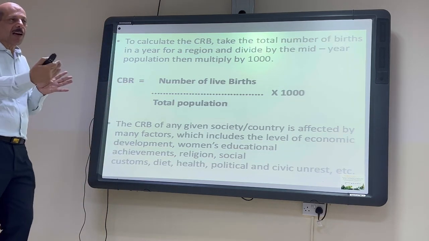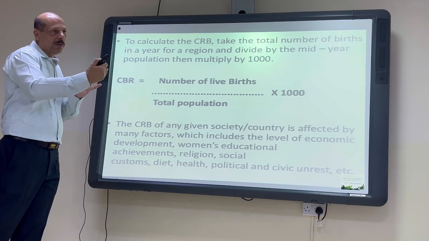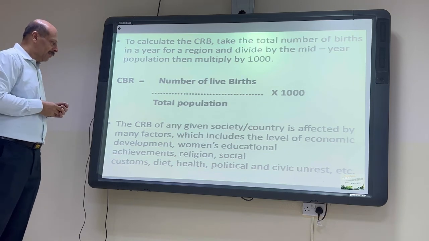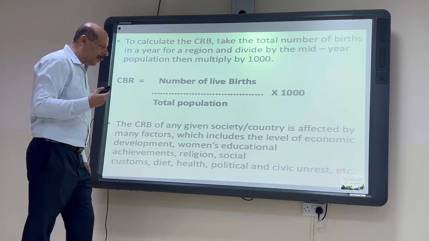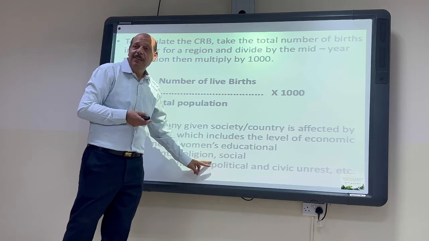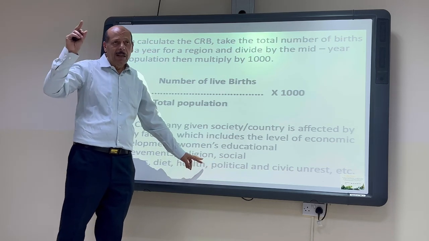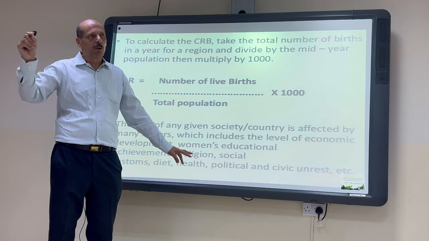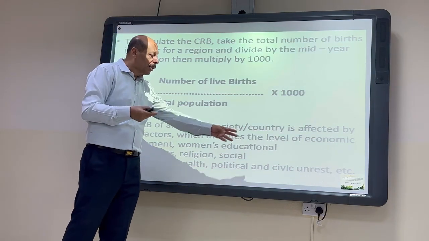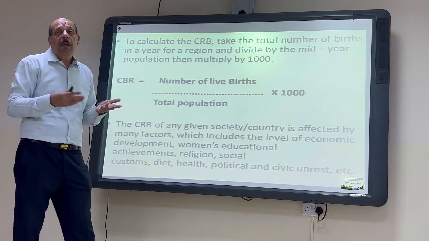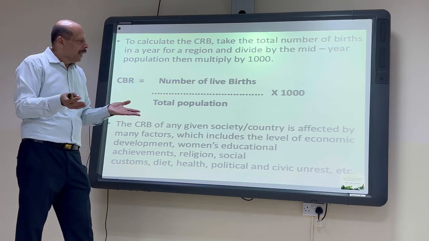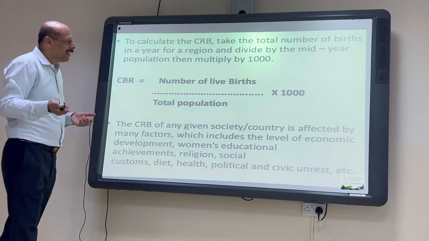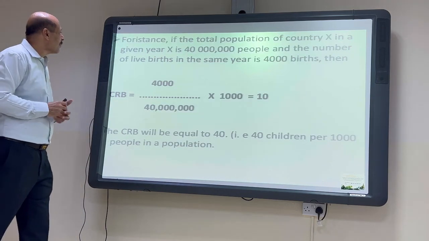We can only control the period between each child and the other. Sometimes it is political, because of the politics they are preventing people from getting more than one or 2 children, or the condition is not settled. So there are many conditions.